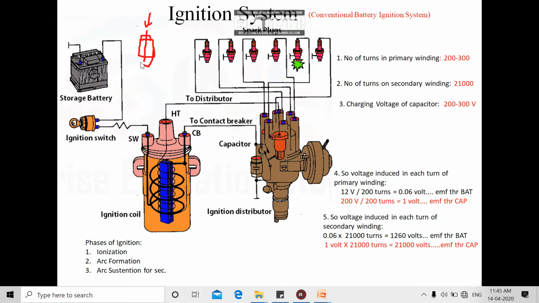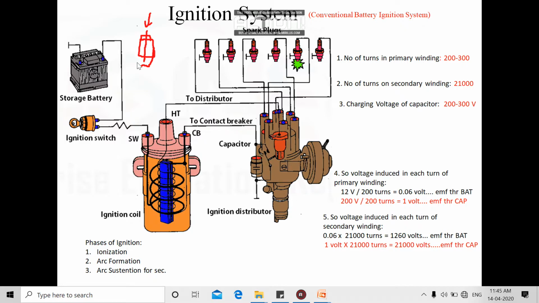As we know, high pressure is developed inside the combustion chamber, so the velocity of the air and fuel molecules is very high due to high compression.